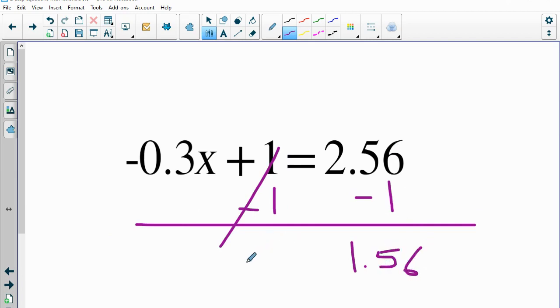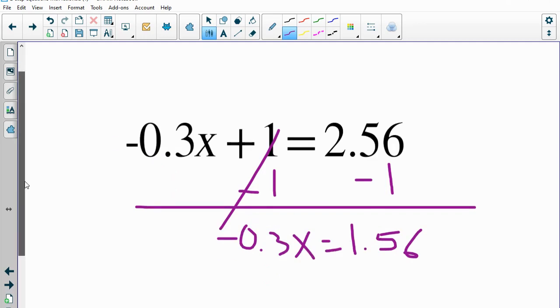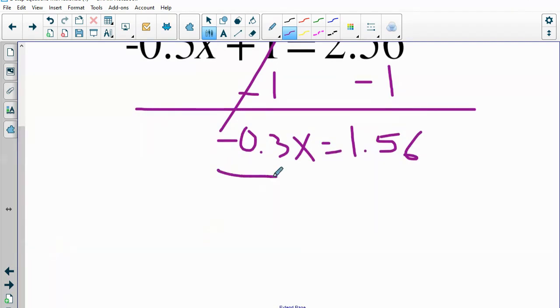And now we have 0.3x, and that's a negative out front, and we set them equal to each other. So now we're going to divide both sides by negative 0.3.